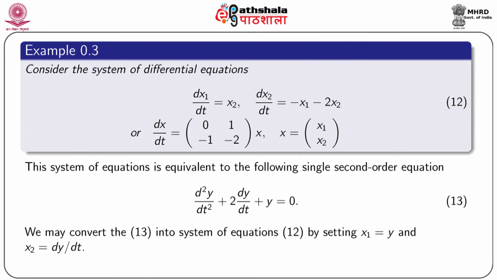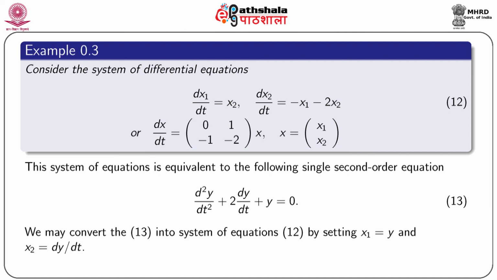We consider an example with this system of differential equations: dx1/dt = x2, dx2/dt = -x1 - 2x2, which can be put in the matrix form dx/dt = [[0, 1], [-1, -2]] x, where x = (x1, x2).